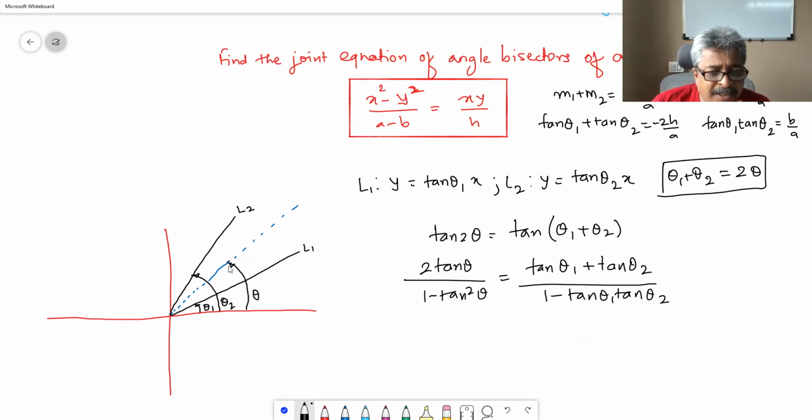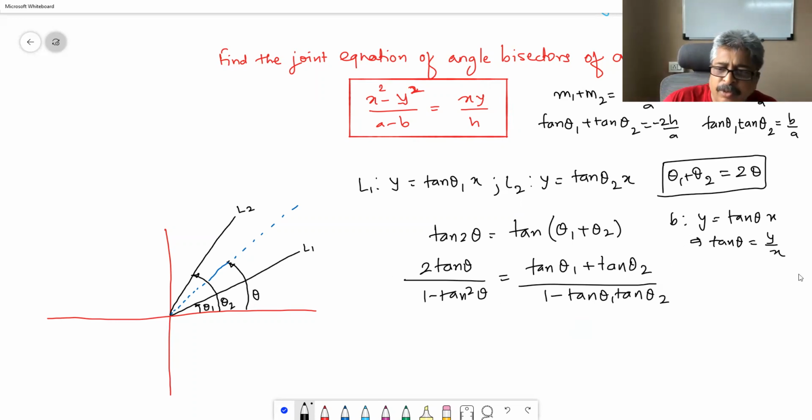Now, tan theta is the slope of the bisector, so our bisector will look like y is equal to tan theta x. That means tan theta is equal to y by x.